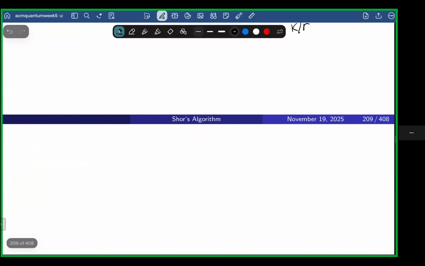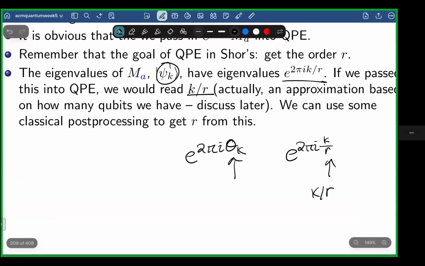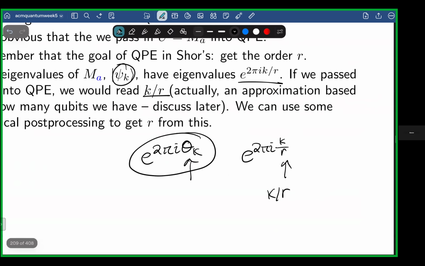So remember in quantum phase estimation, we have some unitary, and we pass in an eigenvector, and the eigenvalue is of this form, right? The output of quantum phase estimation is this theta k. But that MA operator that we realized had something to do with the period, had something to do with the order.